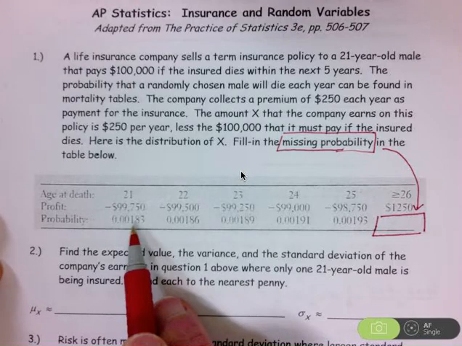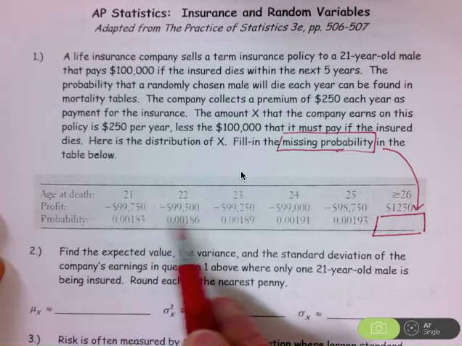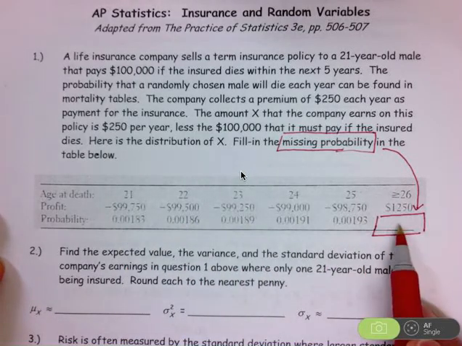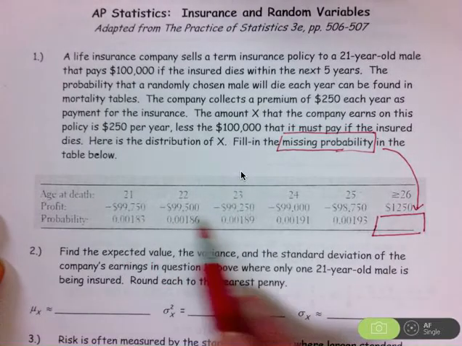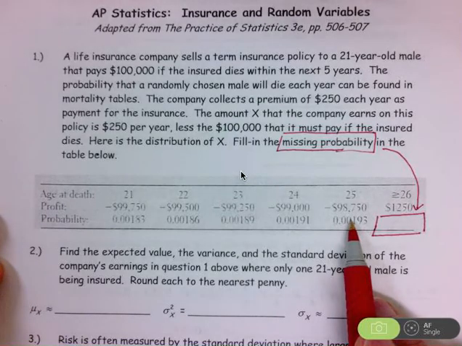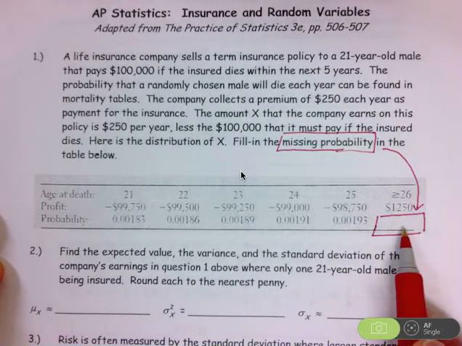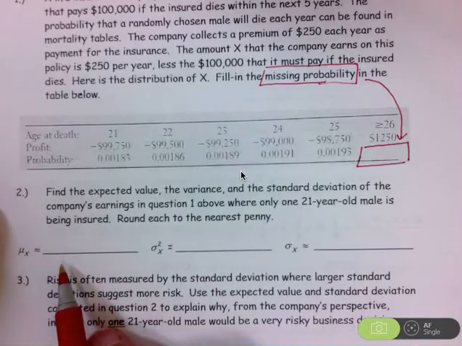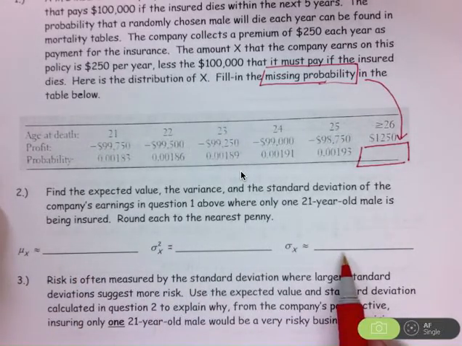So understand, this is a probability distribution, so all of these 6 probabilities need to add up to something special. So you can use these 5 probabilities and that sum that you should know in order to find this 6th probability. So in order to find the expected value for the earnings and the variance for the earnings and the standard deviation for the earnings, you want to use your program.